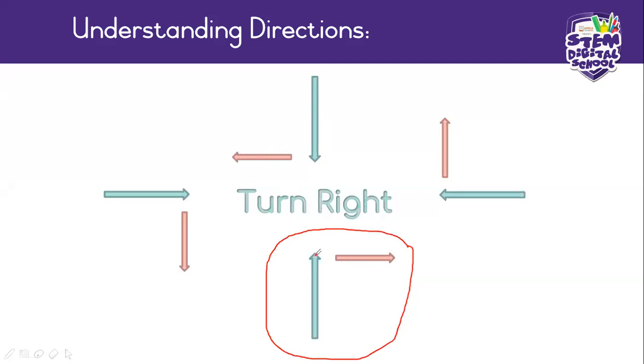Okay, so if you turn around, right will be on this side. So it might be a little bit confusing, but I think you guys get the idea if I show it to you like this, that right could be any direction. Okay, it's just going to depend on where you are standing or where the character is facing.